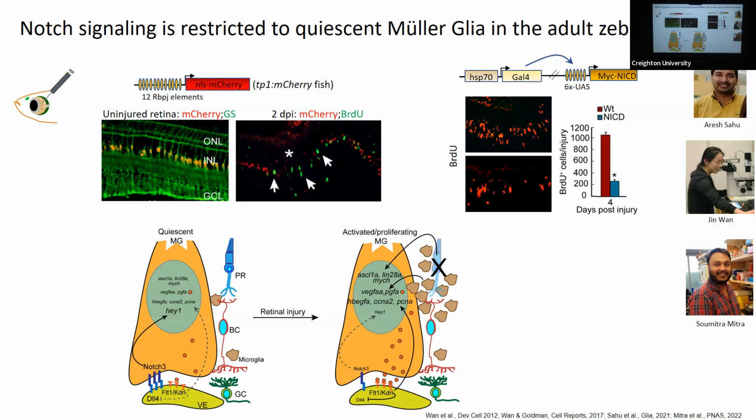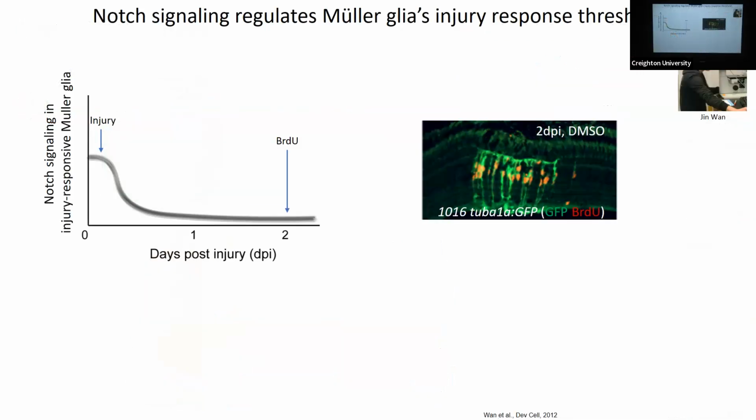We thought this was interesting and wanted to understand: what if we lowered Notch everywhere, even in the Müller glia that didn't respond to the injury, that were flanking the injury site? Would this let them respond and enter a proliferative response? This shows that the injury-responsive Müller glia have high Notch signaling. You injure the retina, it goes down, and you get this small patch of proliferating Müller glia.